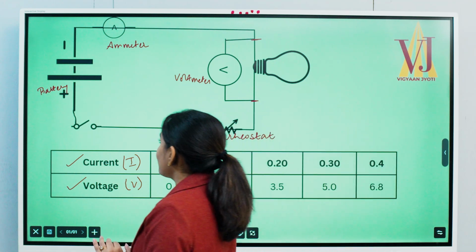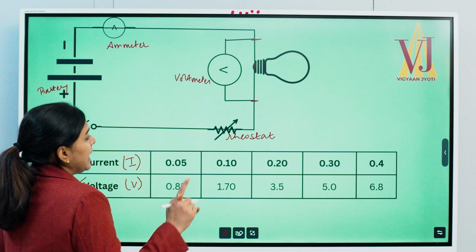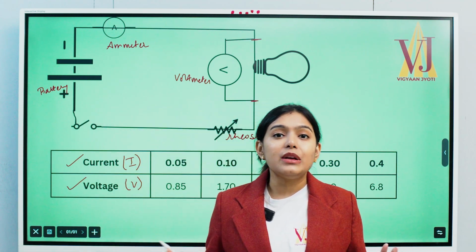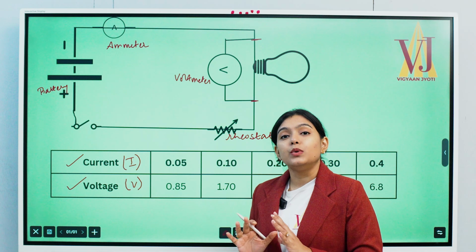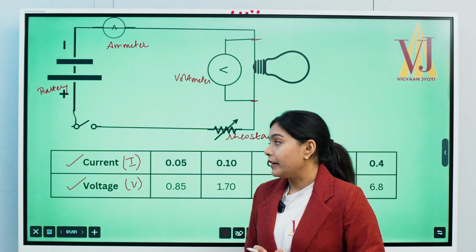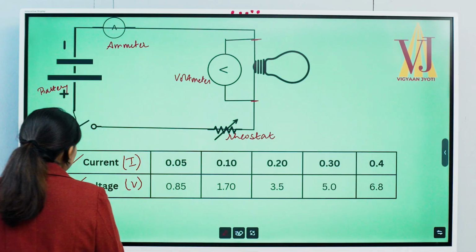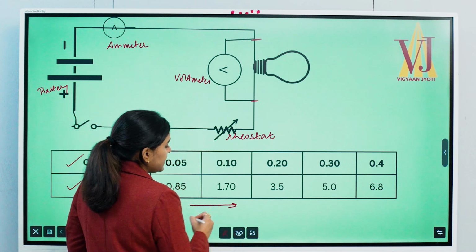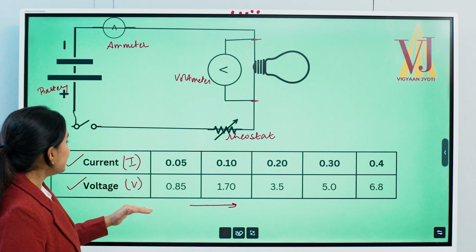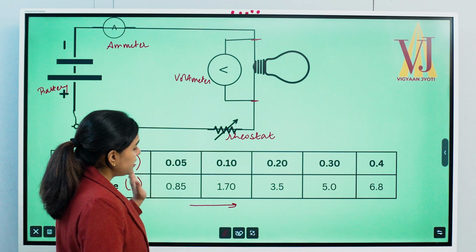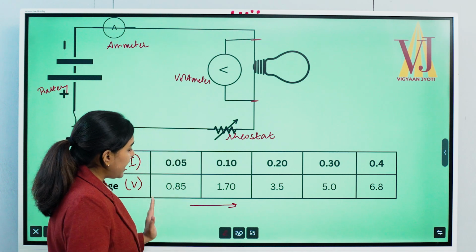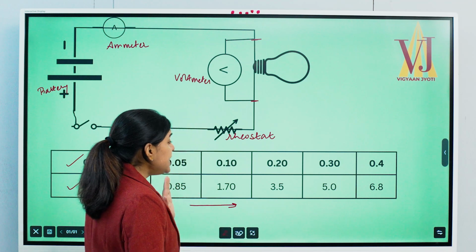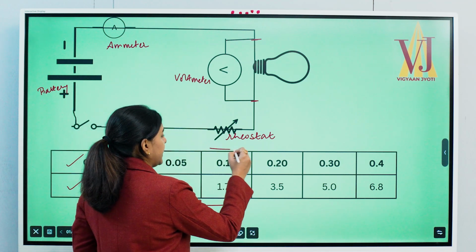Now he kept all other things constant, like the temperature, the material and the type of the conductor; everything was fixed. What he compared is the voltage and the current. As he increased the voltage, like 0.85, 1.7, 3.5, 5.0, 6.8, it was seen that the current was also increasing.